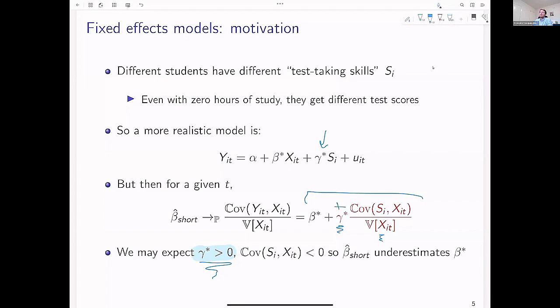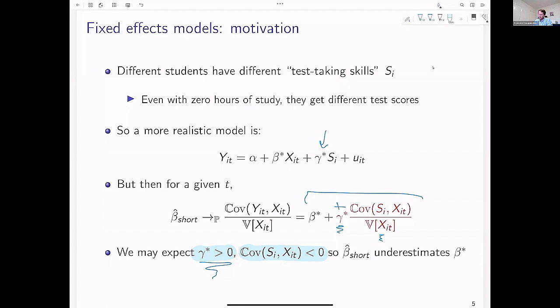What about the covariance between S and X? Well, it depends, okay? It's hard to know, but we may think, for example, that this covariance is negative, right? Because maybe people with better test-taking skills are more confident and need to study less for the exam. So the more test-taking skills you have, the fewer hours you study.